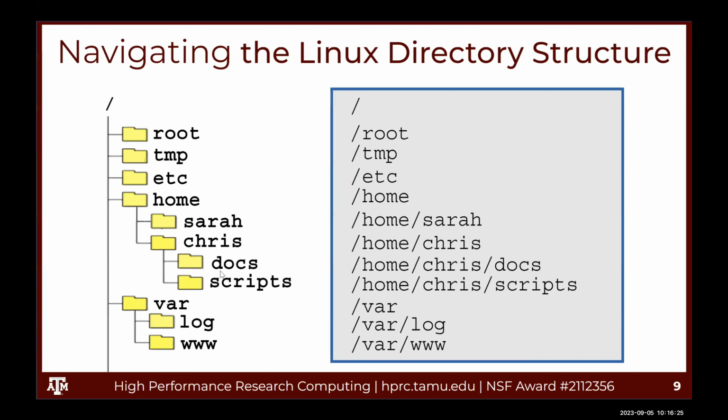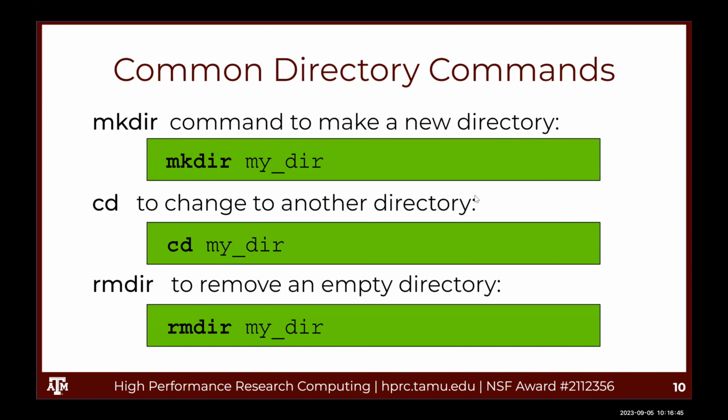If you are trying to understand what the path for the docs folder will be, since docs is inside Chris, which is in turn inside home, it'll be /home/Chris/docs. So this is how the directory structure works in Linux.